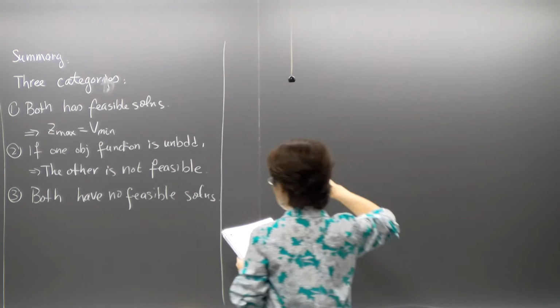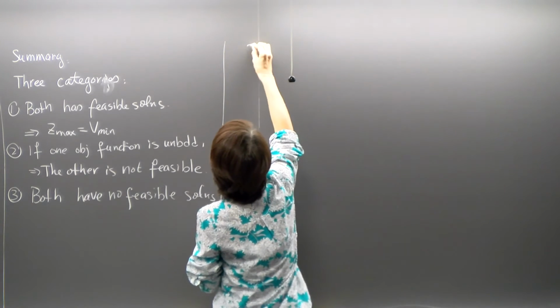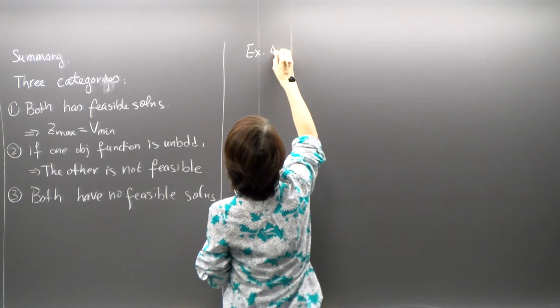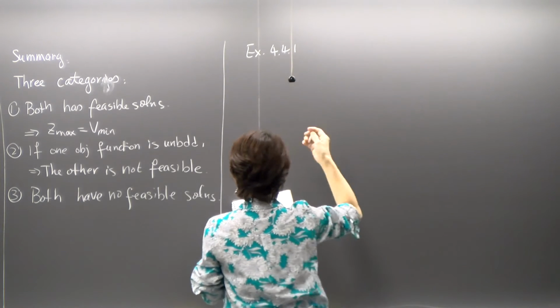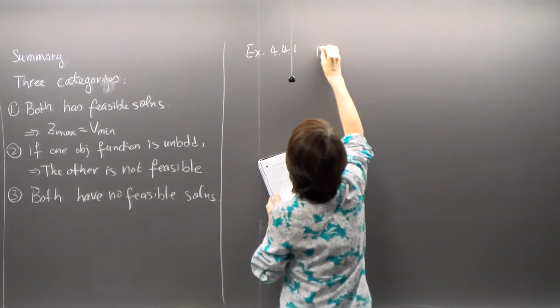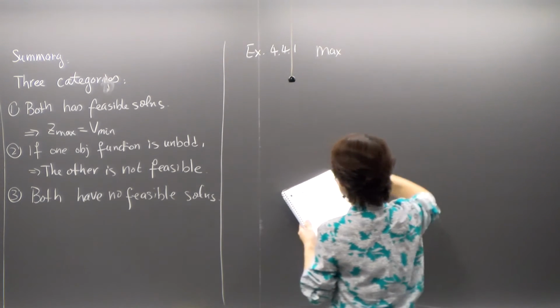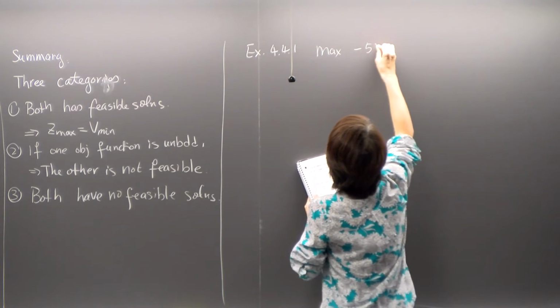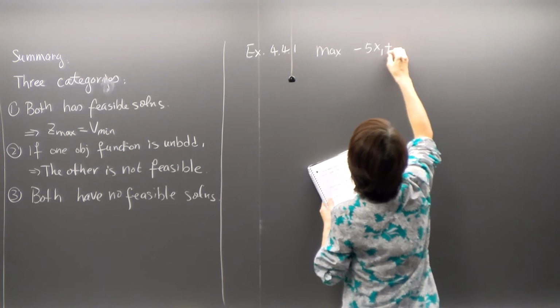So I will take one example from the book. I mean, it's just numbers. You can put in any numbers, but okay, in the book, we'll copy this one from the book. So I want to maximize this one.